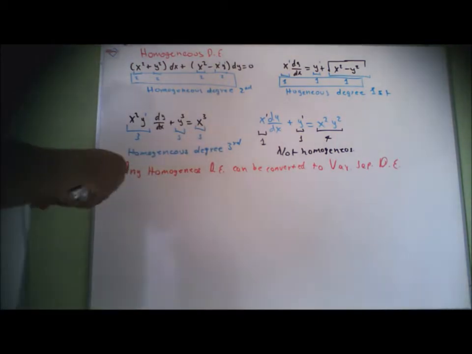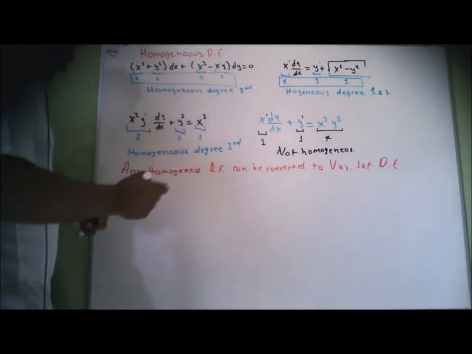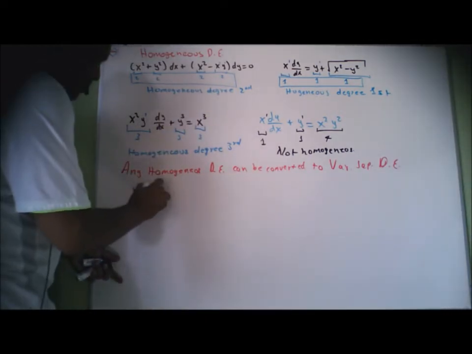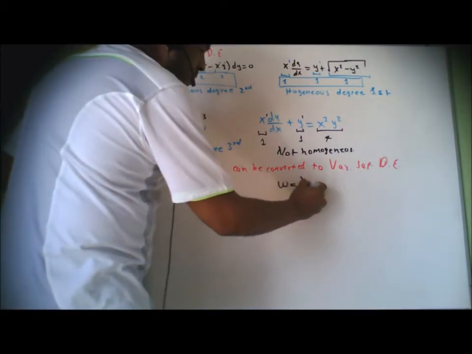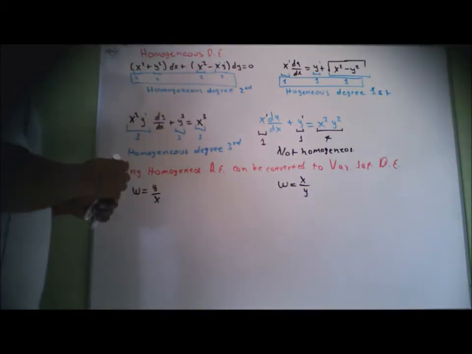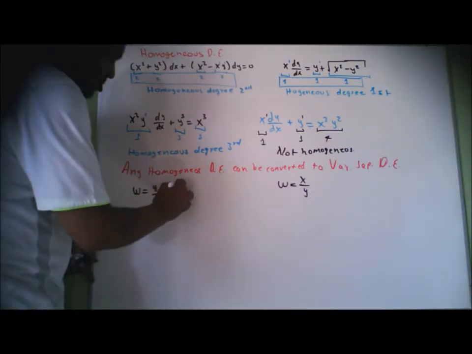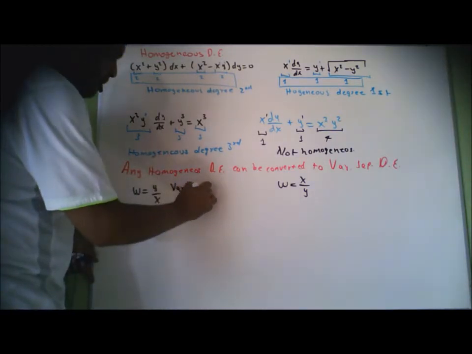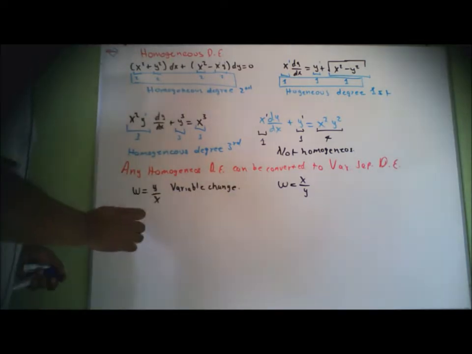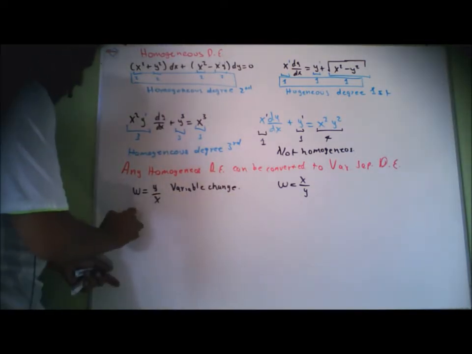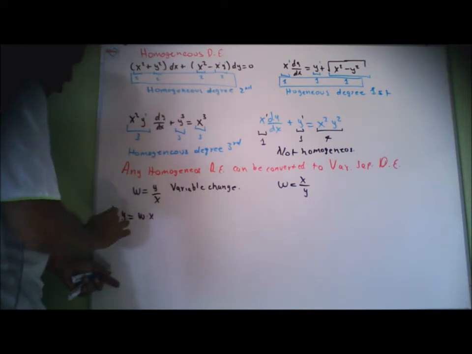Well, the conversion is like this. You have two types of conversion: w equal to y over x, or w equal to x over y. That will be the variable change. How are you going to do it? You clear here y equal to w times x, and you take the derivative with respect to x on both sides.